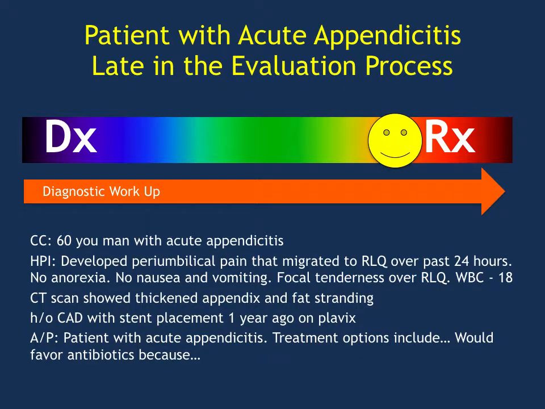Instead, if we have them present in the way we present, and there's no reason why we shouldn't do this, meaning we start with the diagnosis because the diagnosis is set, and we present the pertinent facts, including the CT scan results and the exam results. And also, most importantly, if you read this H&P, you'll see that the patient also is on Plavix, so that should be placed in the HPI as well.